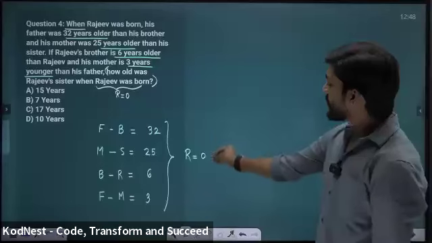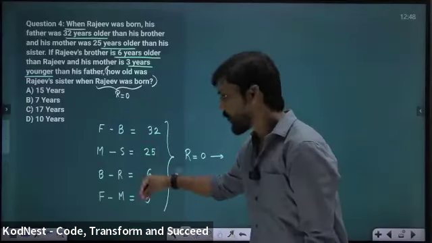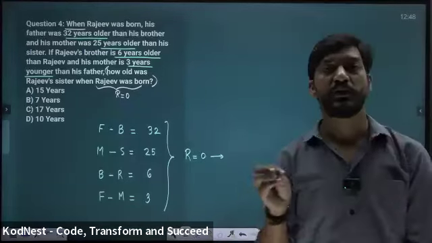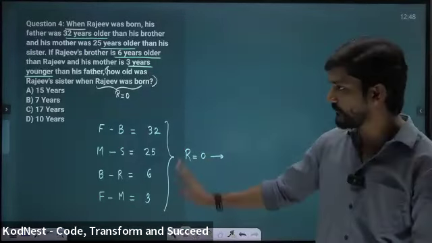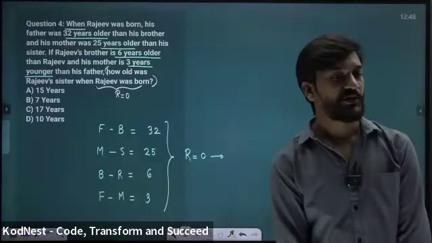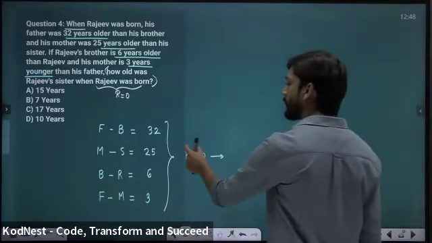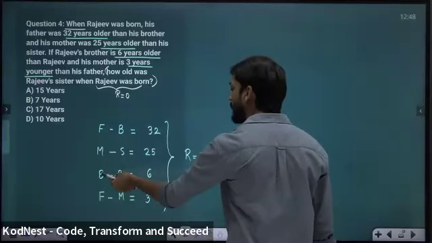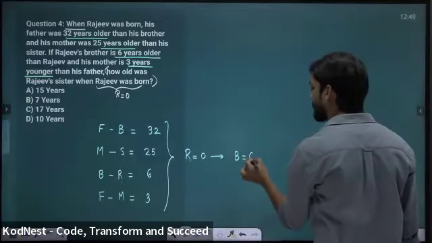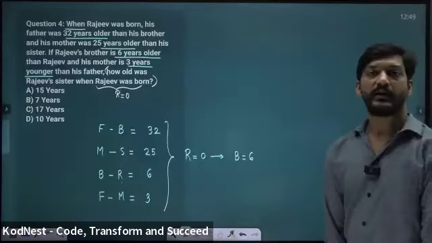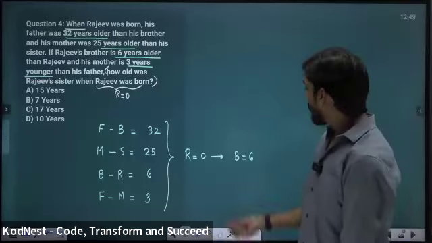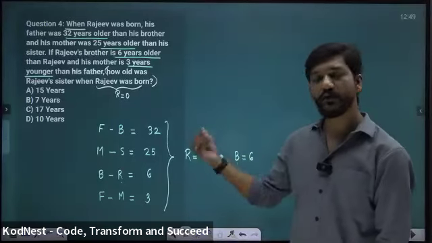If Rajiv is 0, from these equations, what can you find? You will put Rajiv equal to 0 there and you will get brother equal to 6. So put Rajiv 0, brother comes out as 6.